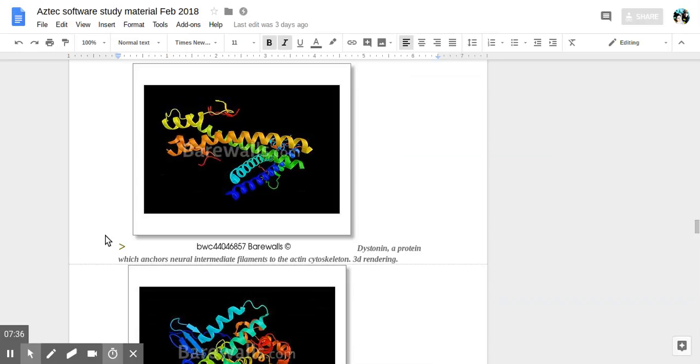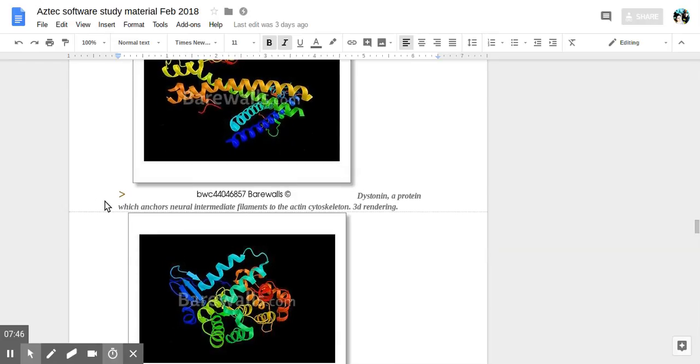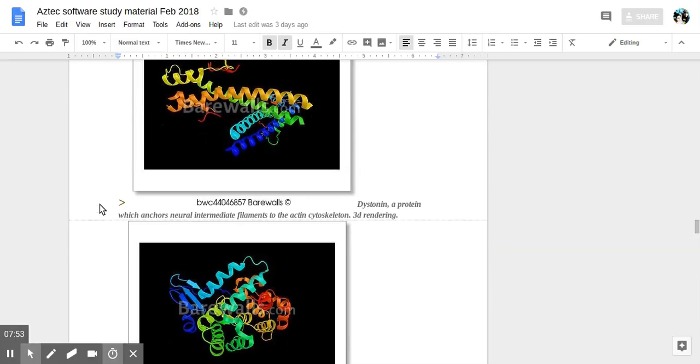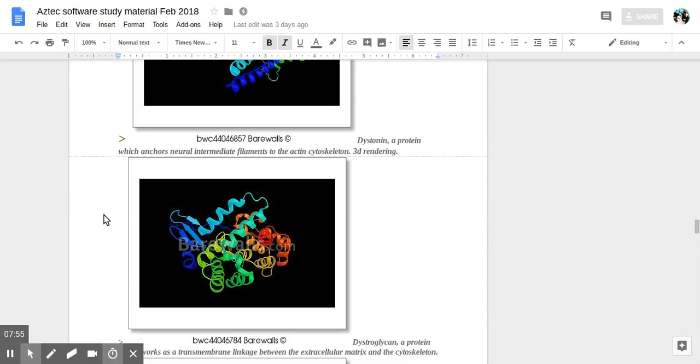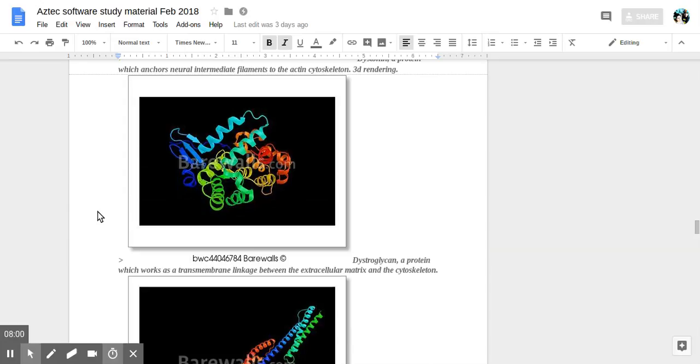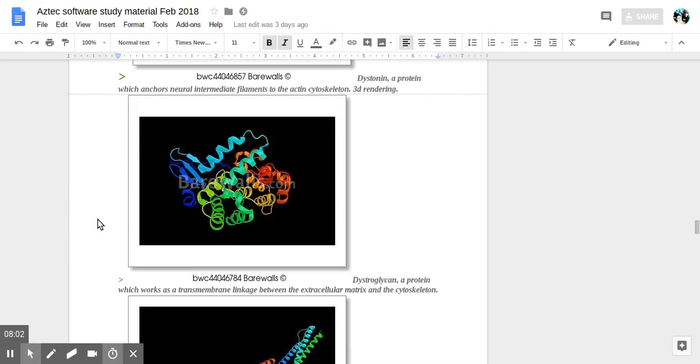Dystonin is a protein which anchors neuronal intermediate filaments to the actin cytoskeleton. These are 3D renderings of the molecules, just to get an idea of how complex and how large they are in space, as that's what the molecules look like in their 3D conformations.